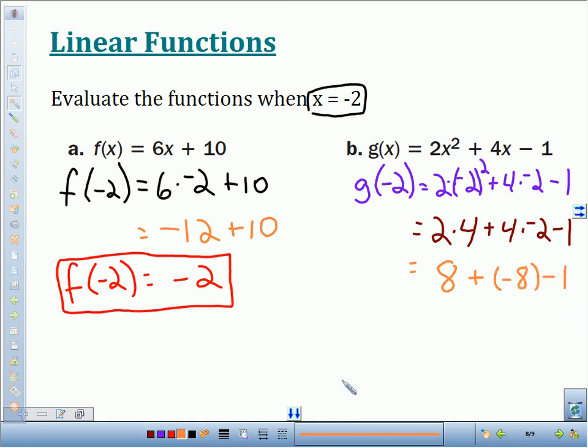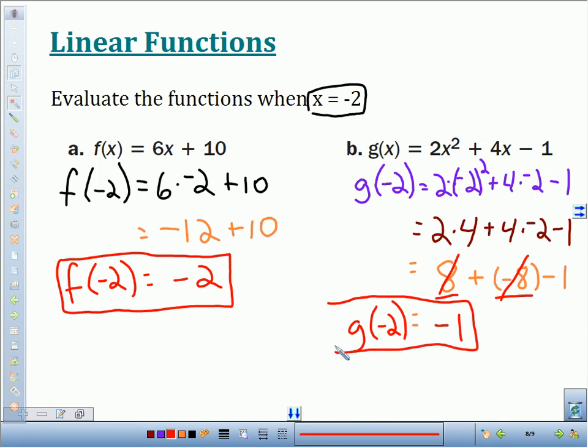And minus 1 hasn't changed. Now I've got 8 and I've got negative 8. Well, as luck would have it, 8 and negative 8 are exactly the opposite. So when I add them together, they cancel out. And the only thing I'm left with is negative 1. That means that g of negative 2, replacing x with negative 2, is equal to negative 1.